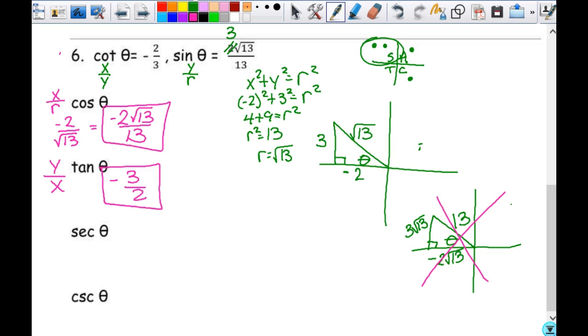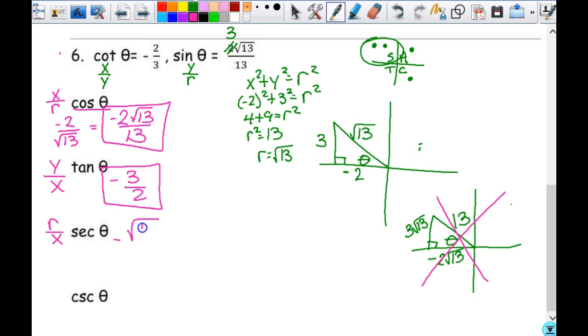Secant, is it the reciprocal of something I already have? Yes, it's the reciprocal of cosine. So that means that secant is r over x. I can just pull that straight off the triangle. I can take the reciprocal of this cosine. If I did, would I want to take it at the end result or my original? Original. That way I don't have to rationalize. Just r over x is going to be the square root of 13 over negative 2.